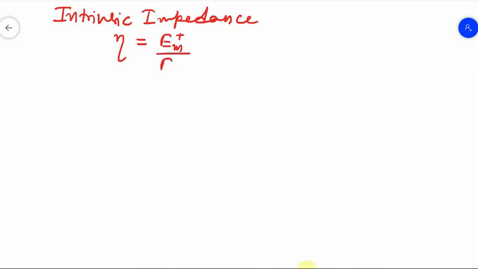This intrinsic impedance eta is given by Em plus upon Hm plus. Em plus is the amplitude of the electric field, and Hm plus is the amplitude of the magnetic field, and it is equal to root mu upon epsilon ohm. That was your intrinsic impedance.